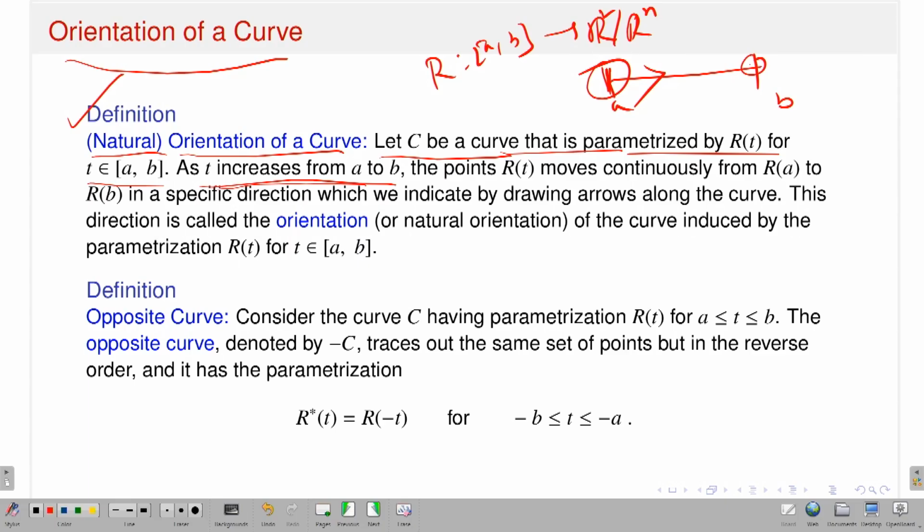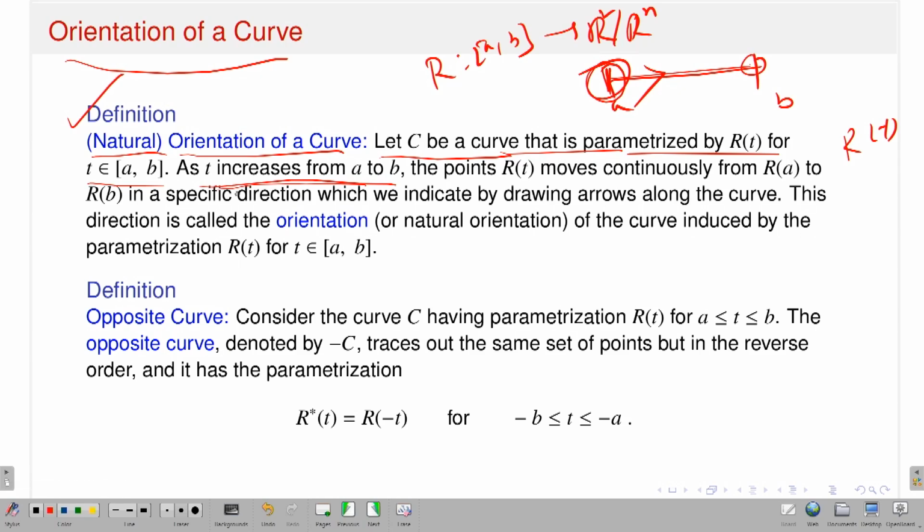Then of course, since capital R is the parameterization, if the variable t starts from a and moves towards b, the value R of t will follow some path on the corresponding curve in R2 or Rn.